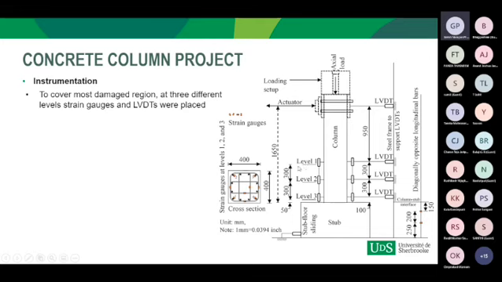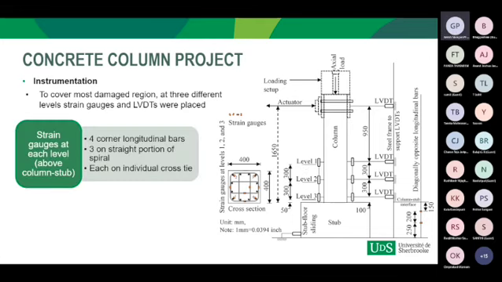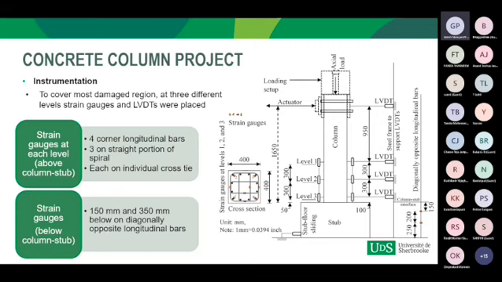Strain gauges were placed on the GFRP spiral and two on the cross tie, and strain gauges were also installed below the column stub interface, at 150 millimeter below and 350 millimeter below. And to understand the curvature of the column, 3 LVDTs were used at 100, 400, and 700 millimeter above the column stub interface.